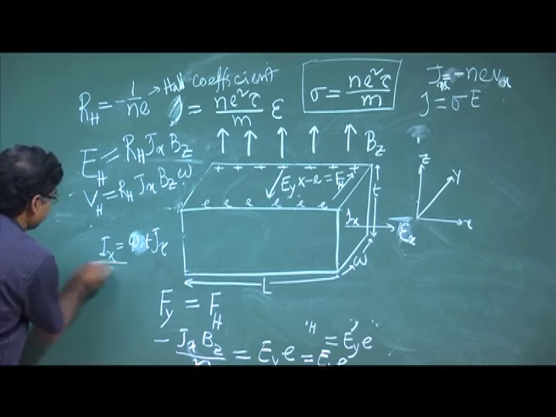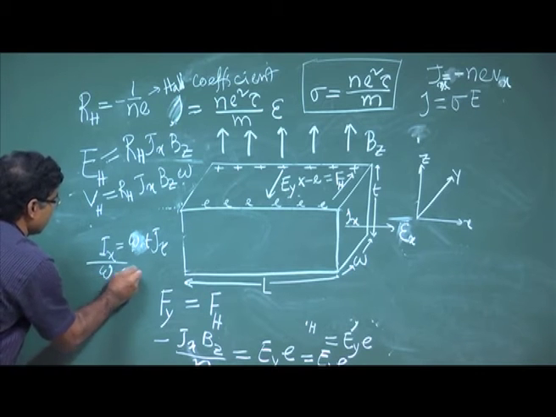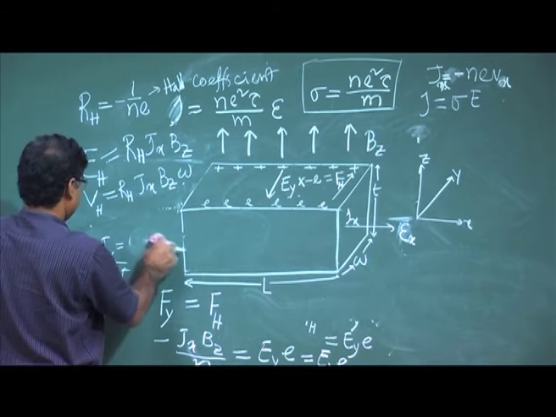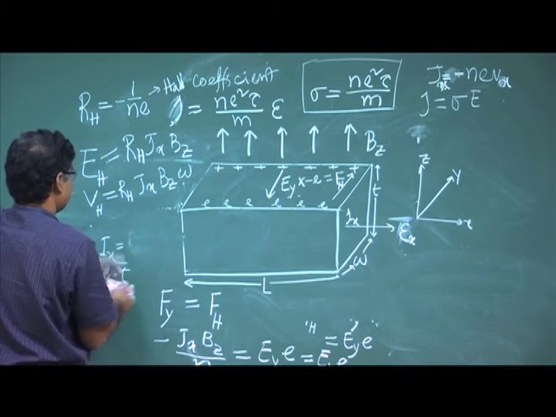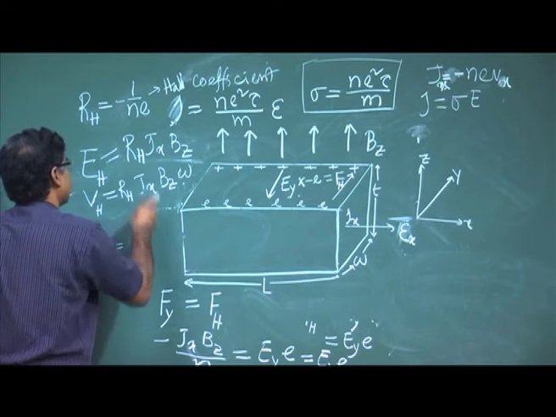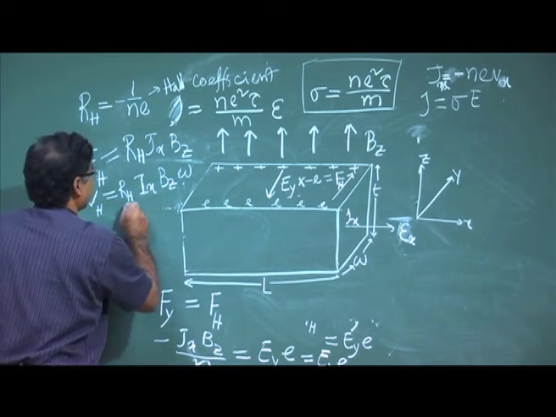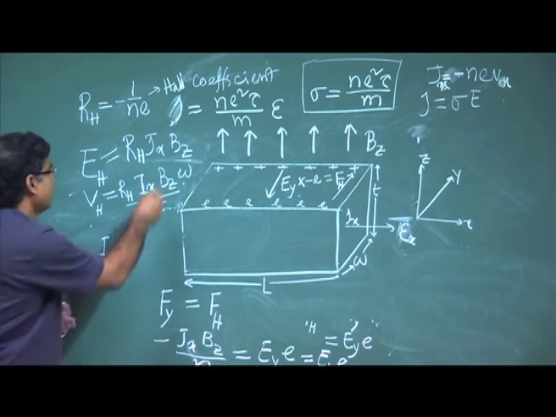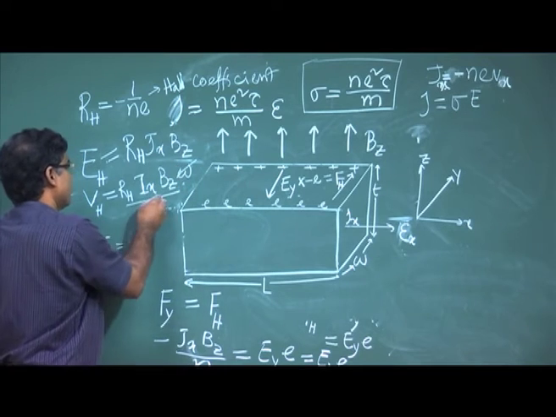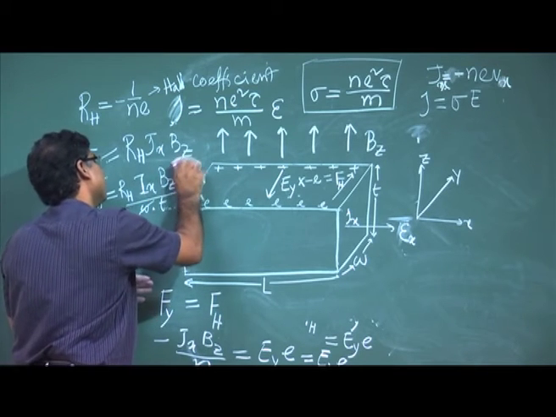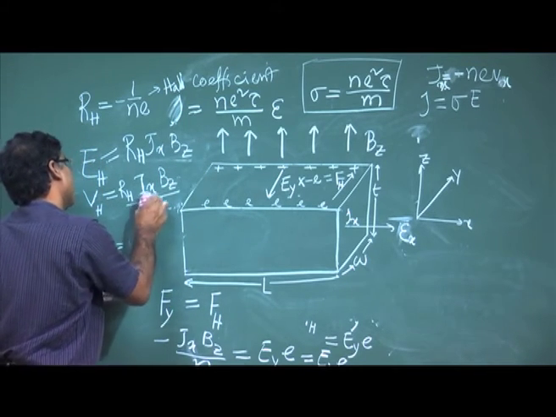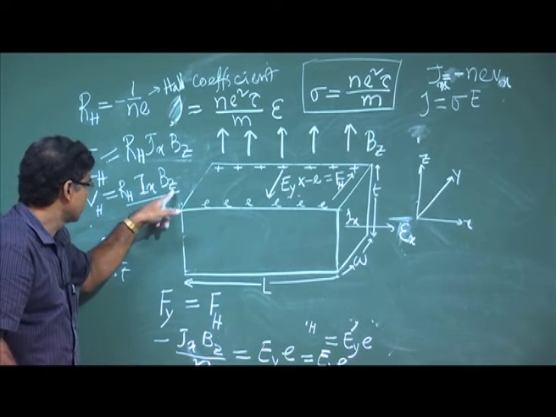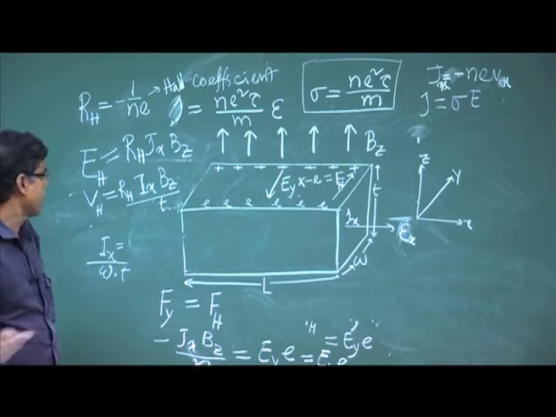So, J x I can replace by I x divided by W into T, right. Now, you can remove this W, then you are getting R h I x B z by T, right.